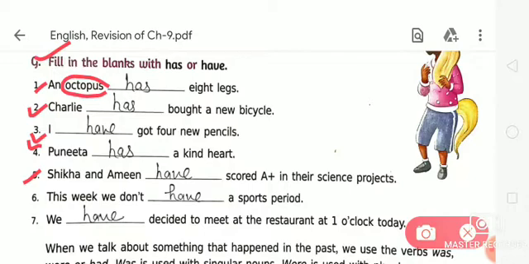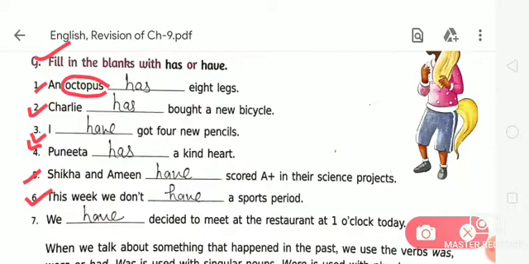It will be "have," because Sikha and Amin is plural. There are two persons, so we will use "have" with more than one. So: Sikha and Amin have scored A plus in their science projects.